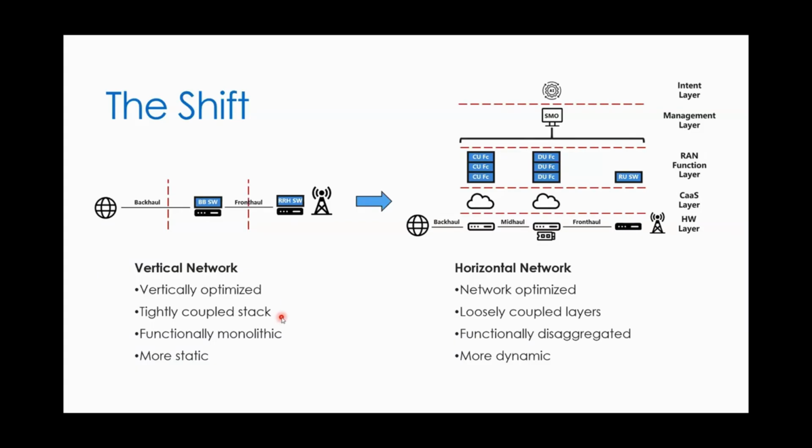And it's very tightly coupled in that vertical stack. As a result, it's a very monolithic entity where all the components are very closely linked together. They're very dependent on each other. They know how each component functions and take advantage of those individual things. But because of that, in part, it tends to be more static.